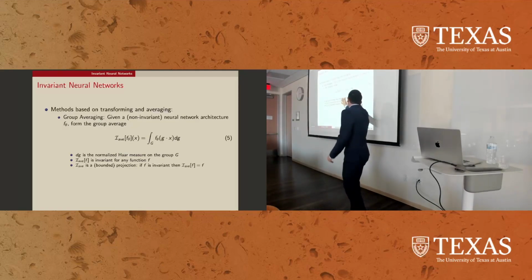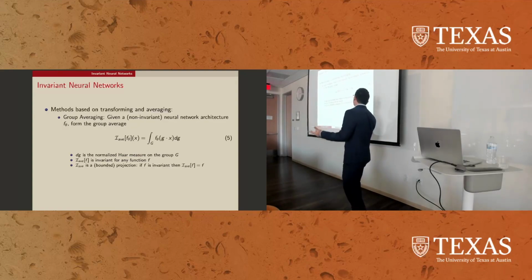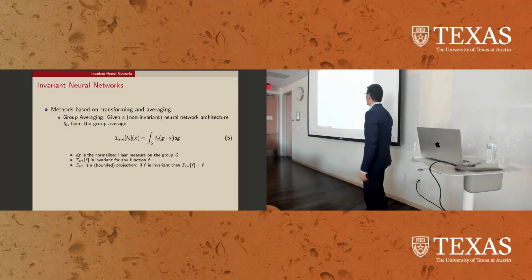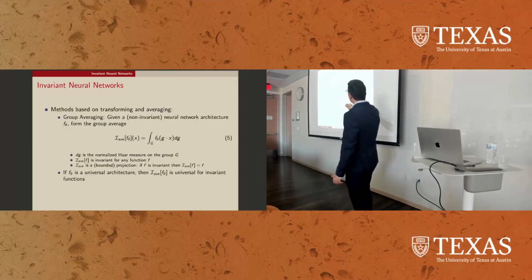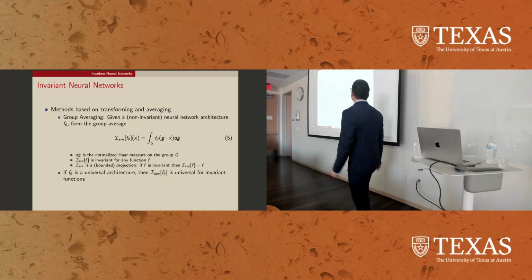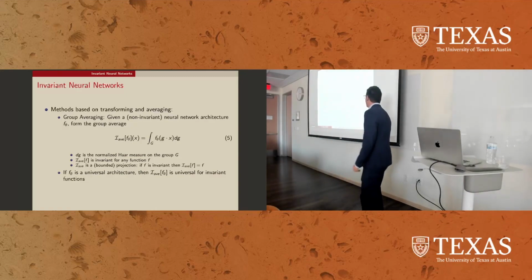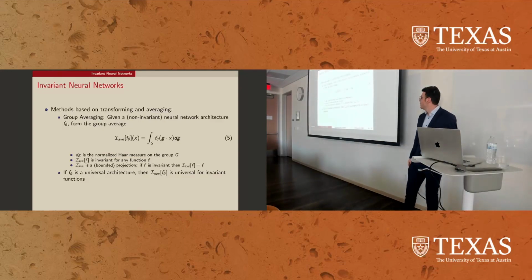So if f is invariant, then this group average is going to be exactly the same as f, and it's bounded as a map from L infinity to L infinity. So this implies that if f theta is a universal architecture, then this averaged f theta is universal for invariant functions, so it can approximate any invariant function to arbitrary accuracy.